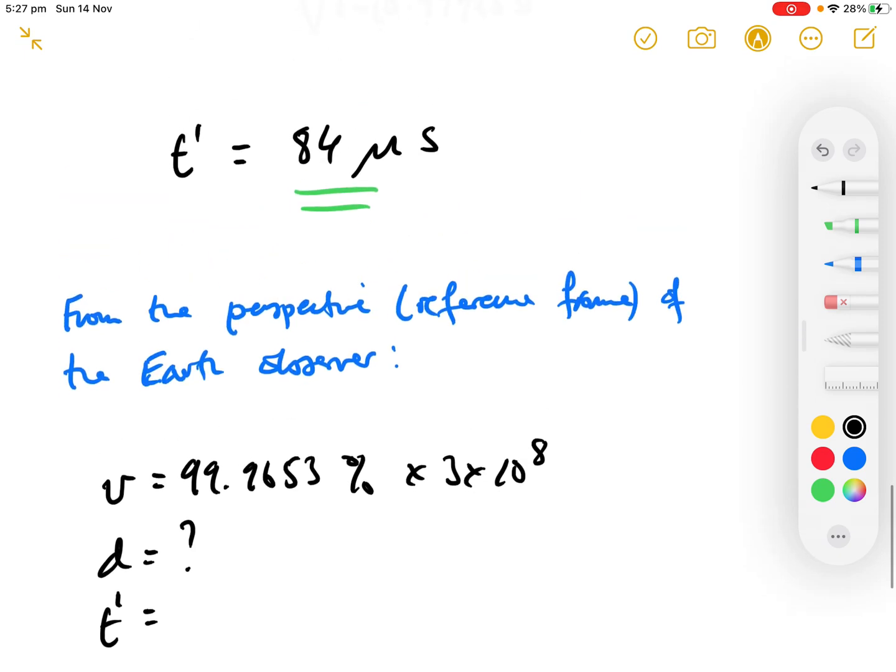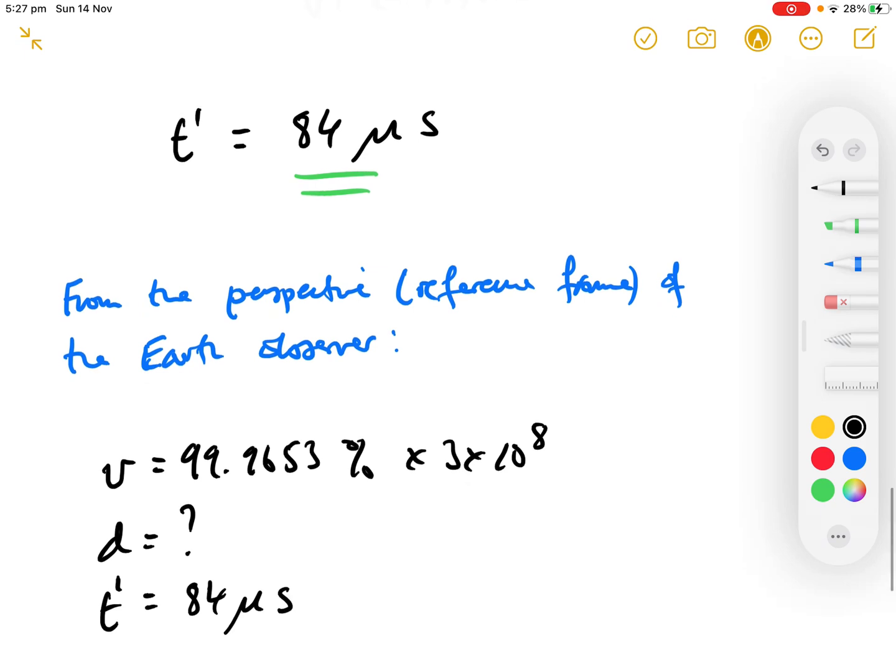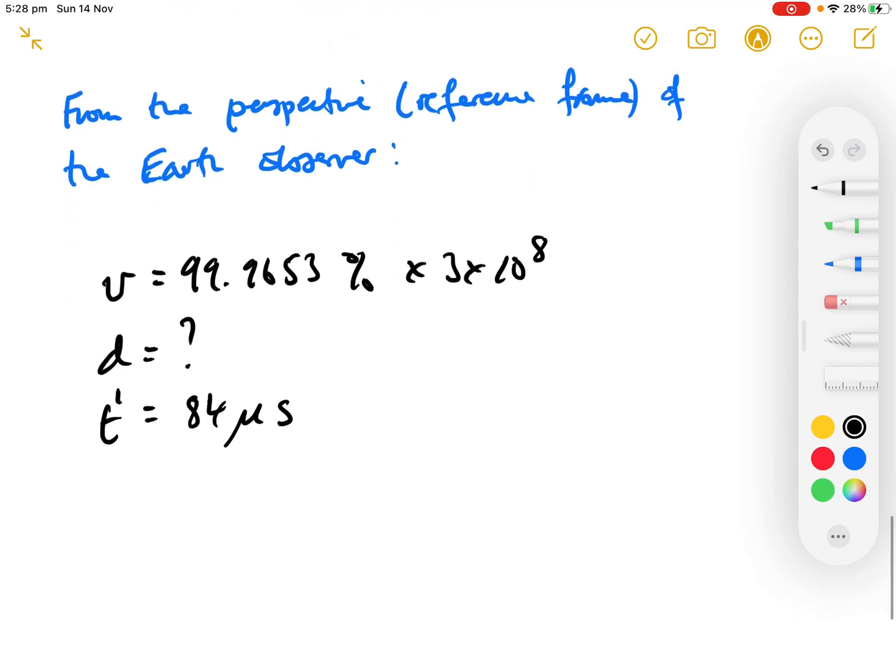And from the Earth observer's perspective, remember, he measures t dash, the longer dilated time. So we now apply that time to the muon. Now obviously from the Earth observer's perspective, the muon has much more time to reach the Earth.